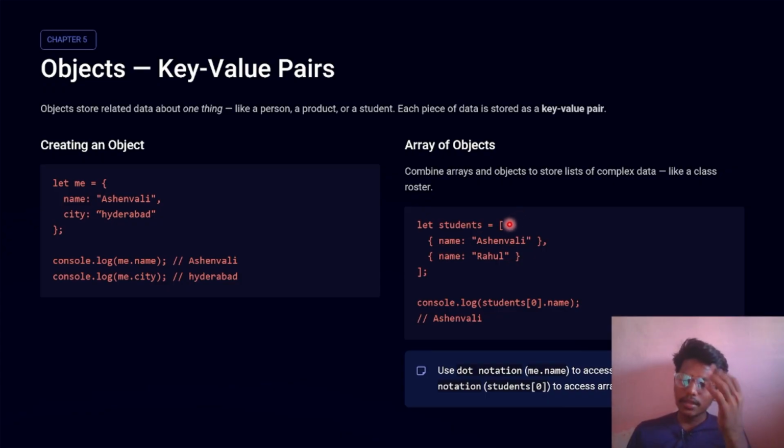Then in the array there are objects like name Ashenvali and name Rahul. Here you can see both variables are the same word, name and name. When we are using objects, we should normally use different names for the variables.